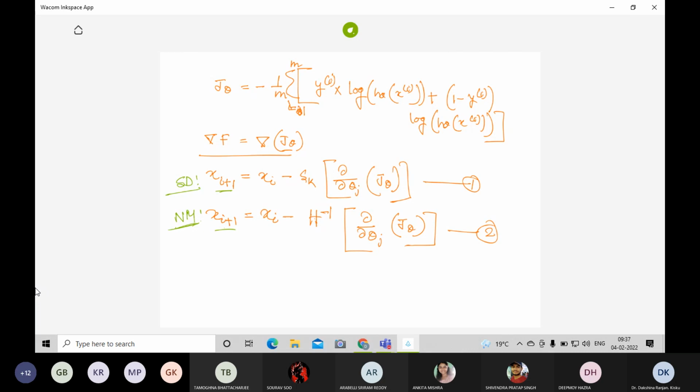If we use a non-convex function for logistic regression, every time we will get stuck at a local minima, and we think that this is our global minima and we have reached the optimal value. That is why logistic regression uses the cross entropy equation for getting the error and to optimize the error function. We can use either steepest descent or Newton's method.